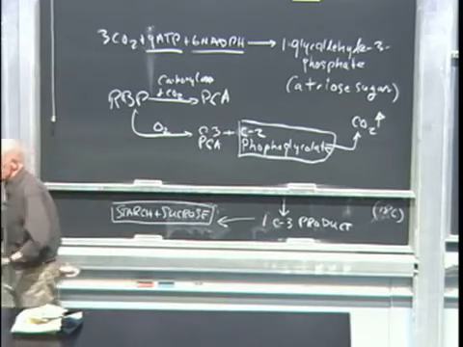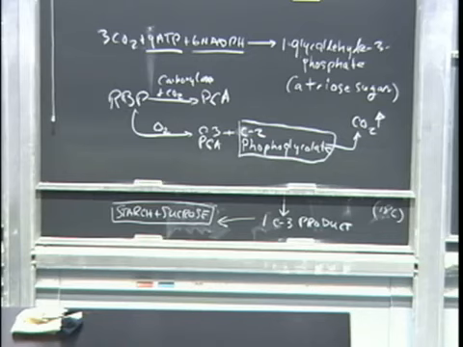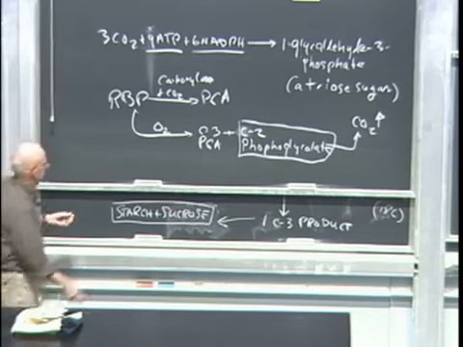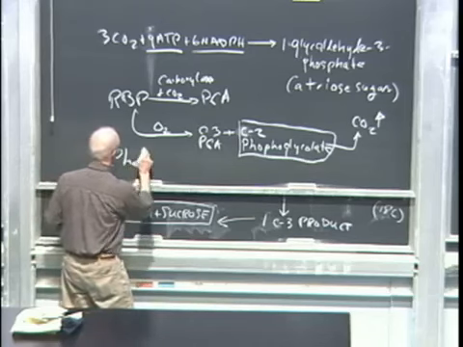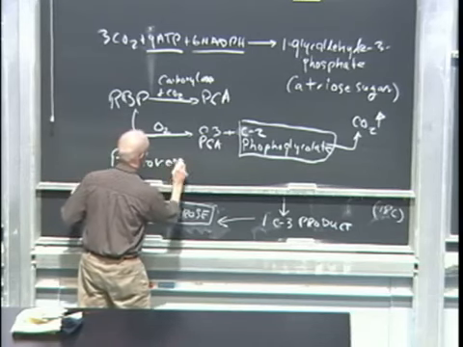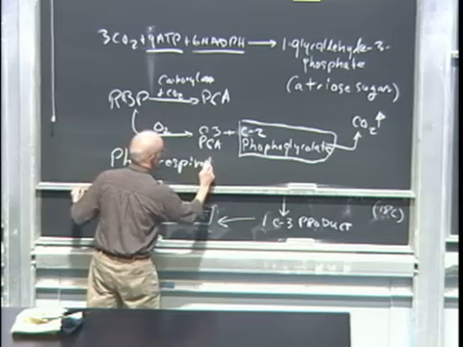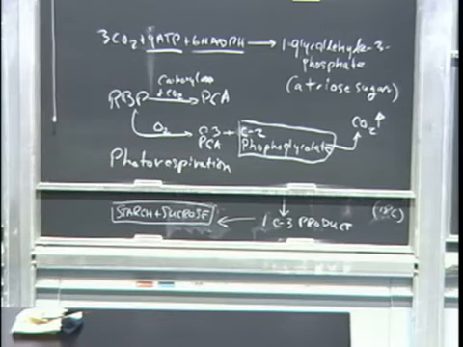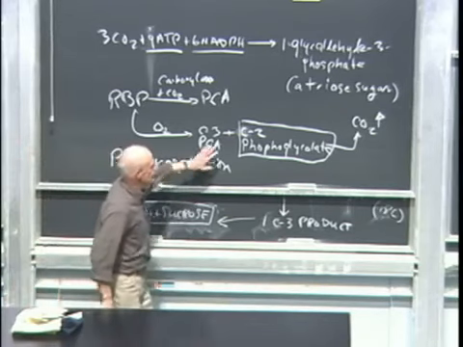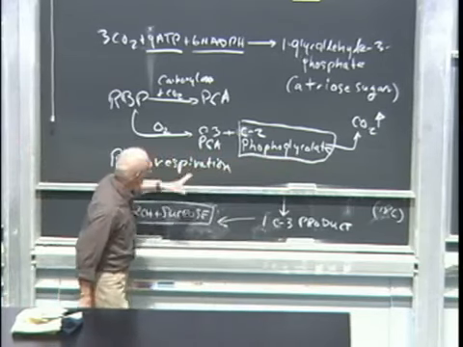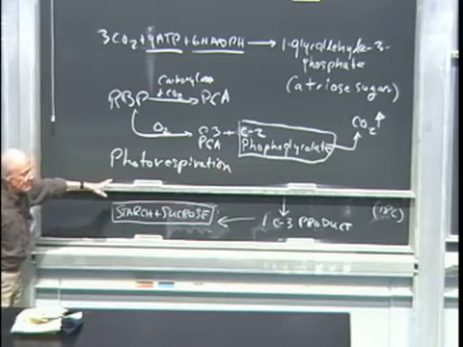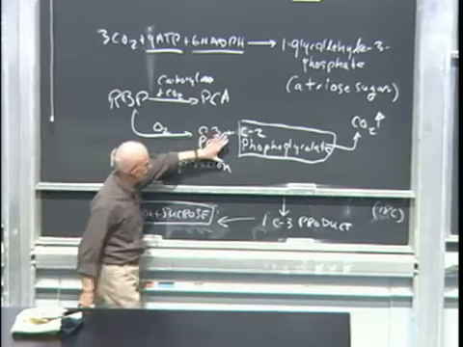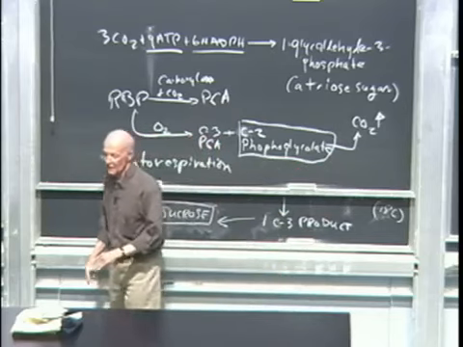So instead of fixing CO2, there are reactions in plants that release CO2. This is known as photorespiration, because respiration we can define as CO2 evolution through the Krebs cycle. But in this case, there's a CO2 release which is not happening by the Krebs cycle, it's happening by biochemistry on this C2 compound.